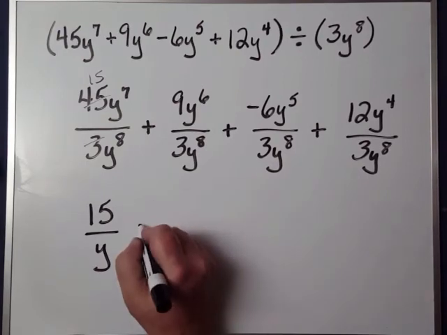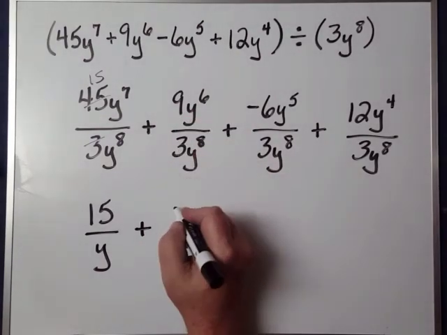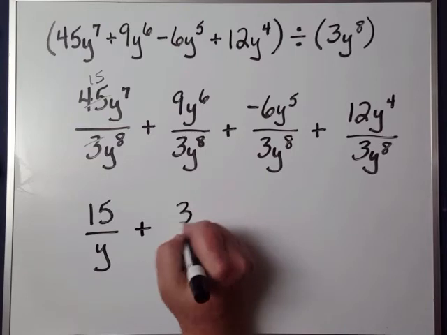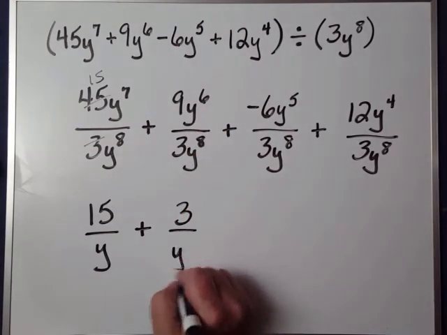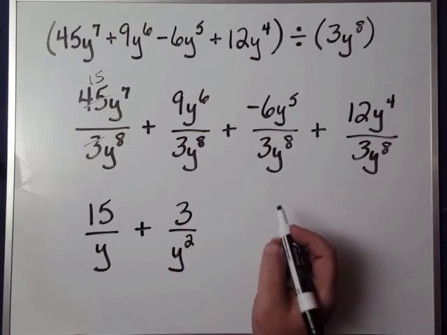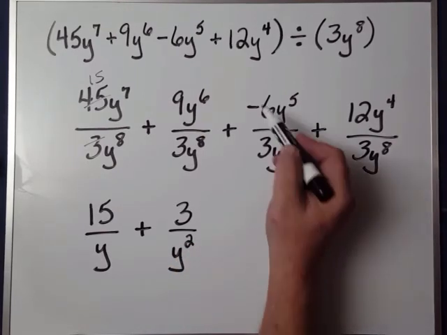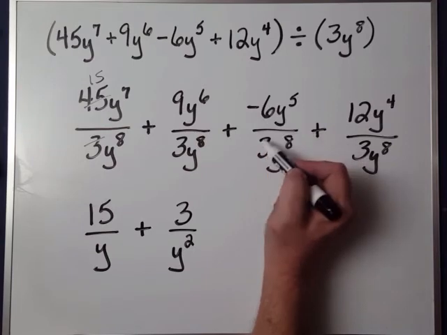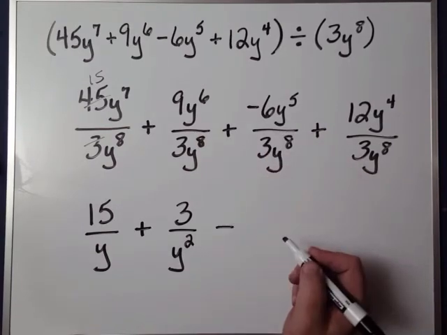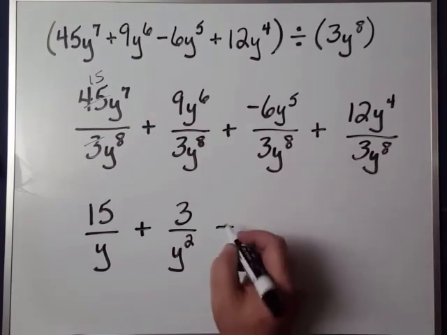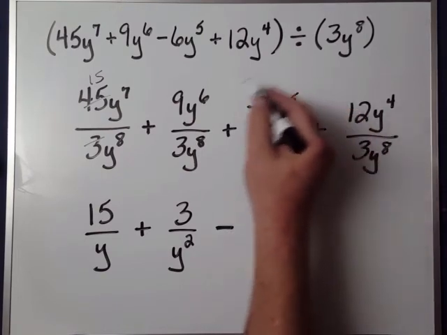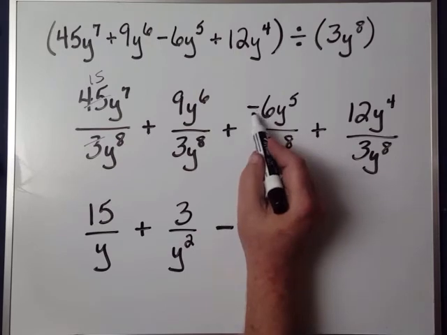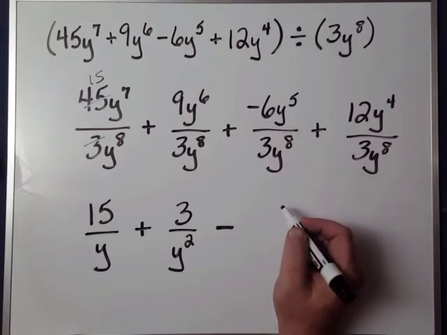Let's keep going. Plus, 9 divided by 3 leaves a 3 in the numerator. Y to the 6th over y to the 8th. How many are left and where? Two factors of y in the bottom. In my third term, a negative divided by a positive is negative. In my final answer, I do like to see this out in front as a subtraction sign. But in the steps of my problem, I really like to keep that negative with its term for these types of problems.